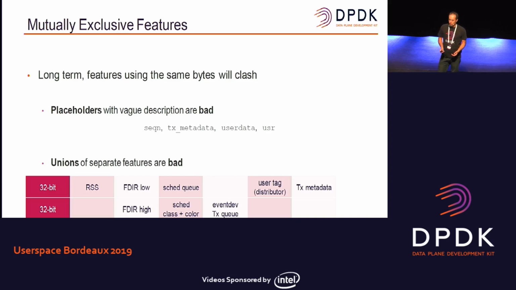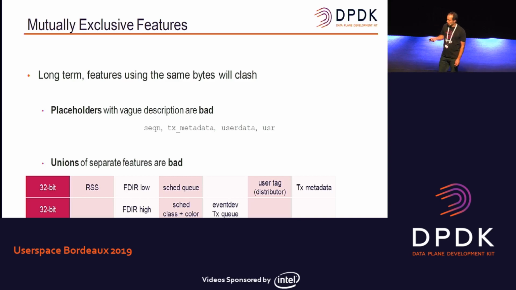The problem is that if you don't describe precisely what the definition of one field is, different applications or different libraries can use it for different purposes, and that's okay. But if you use it for different purposes at the same time, there will be a clash. For now, as far as I know, we are avoiding this clash, but it's just by chance. And one more thing, this is done on purpose.